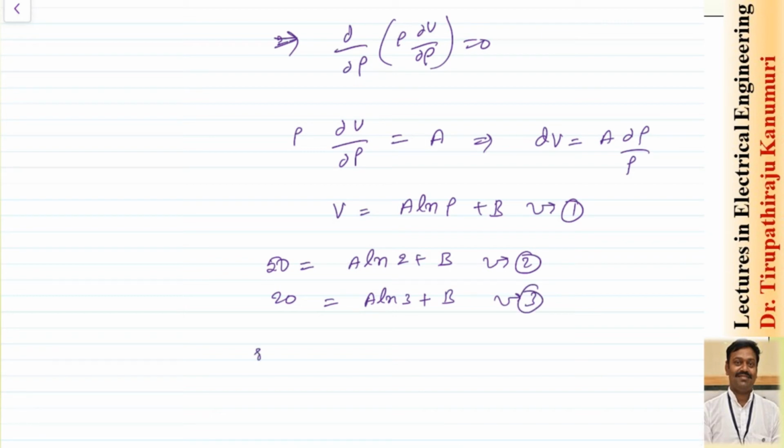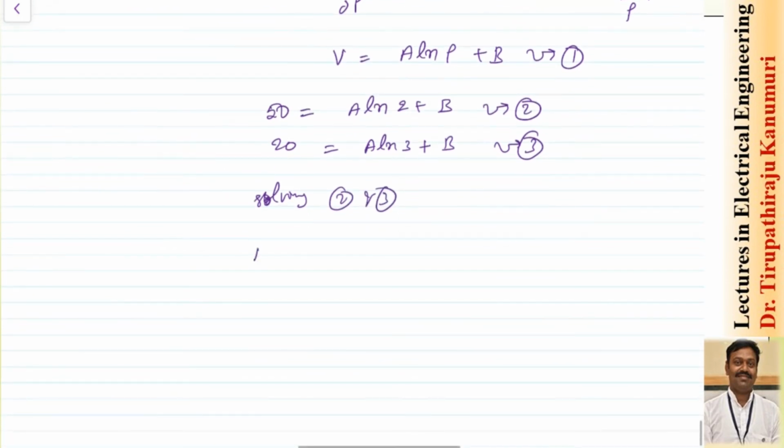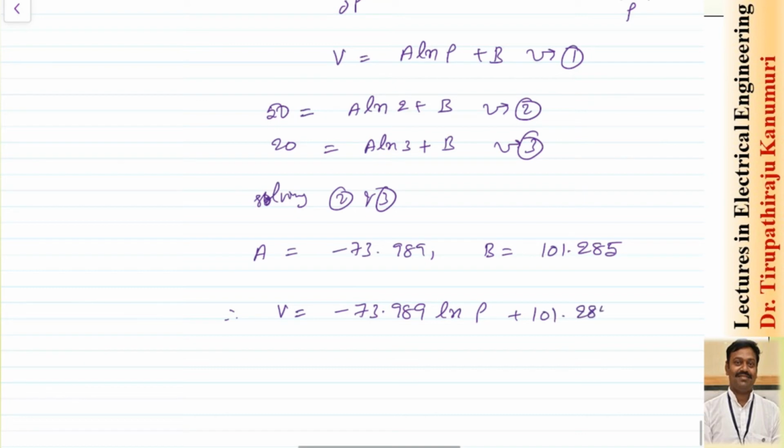Now solving equation number 2 and equation number 3, we will get the value of A as minus 73.989 and the value of B as 101.285. So from this I can calculate the potential V is equal to minus 73.989 ln of rho plus 101.285.